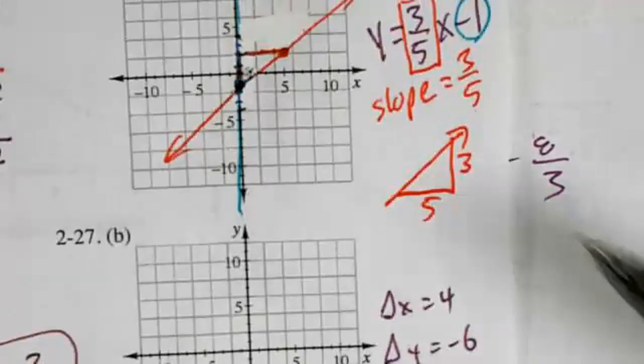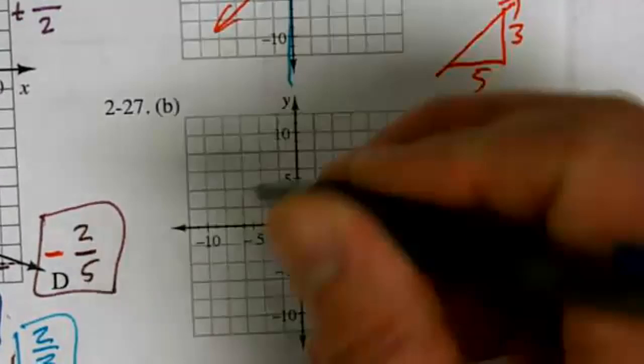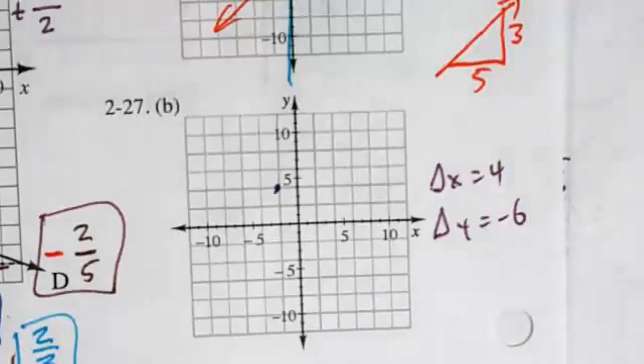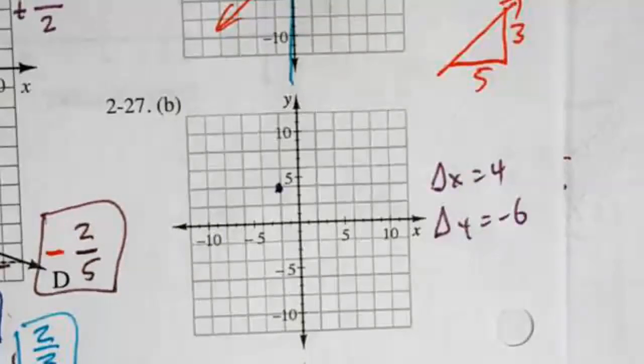In part A, they gave us the starting location as part of the equation, but they did not tell us where to start here. So everybody's graph might be a little bit different in part B, and that's okay. You can start wherever you want. Just pick some random point on your graph and start there. I'm starting right here, but if you started someplace else, that's fine. And then you're going to build your slope triangle by looking at these values.